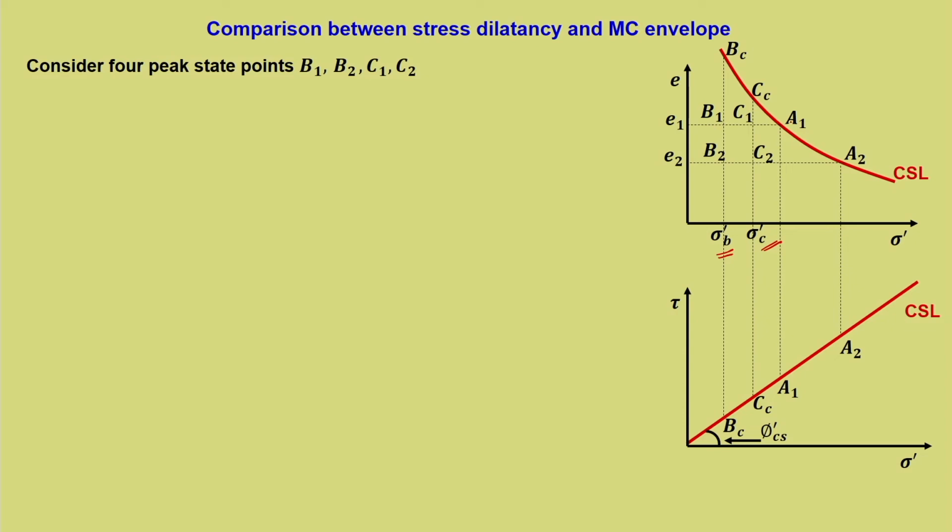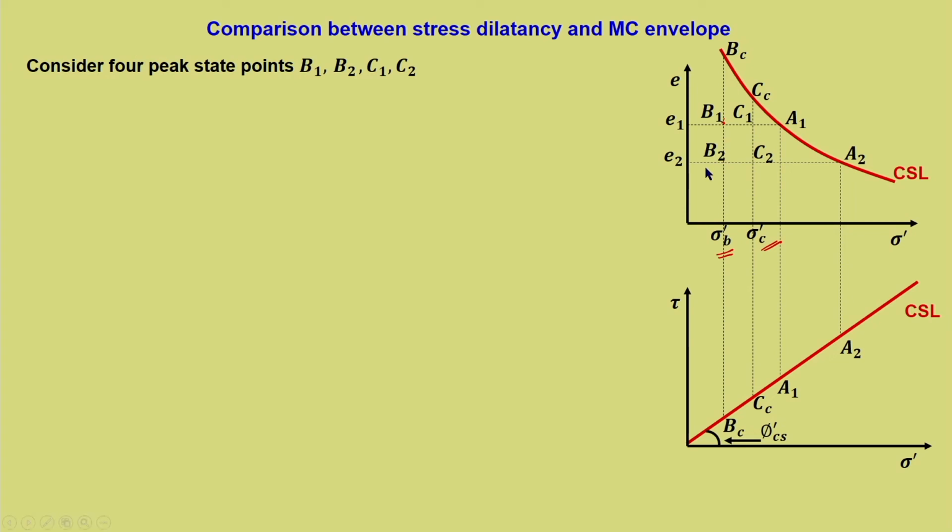Now these 4 points represent many different aspects. B1 and C1 have the same E1, B2 and C2 have the same E2, where E2 is less than E1. The points B2 and B1 correspond to the same initial effective stress, sigma dash B, but E1 is greater than E2. So the overconsolidation ratio will be different for B1 and B2. The amount by which B1 or B2 is overconsolidated differs.